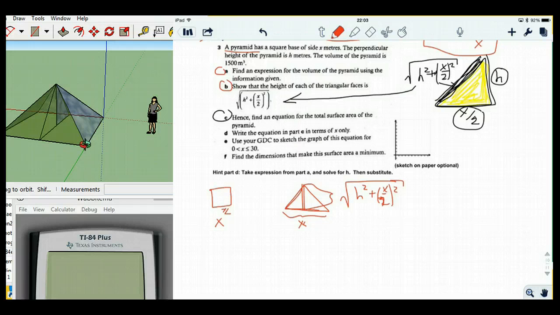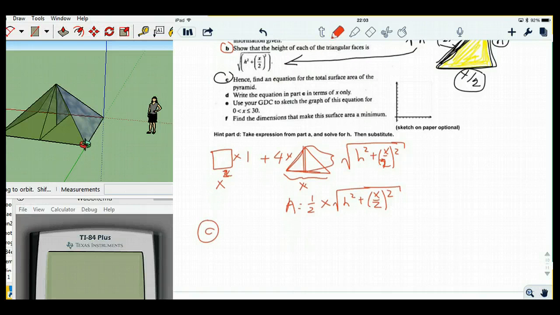If we wanted to find the area of this triangle, it would be 1/2 times x times the square root of h squared plus (x over 2) squared. Okay, and so that's one of the faces. And then we have 4 of these, right? So we're going to take this times 1, and add it to this times 4. And that will give us the total area.